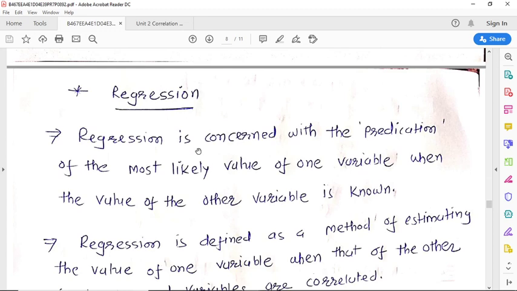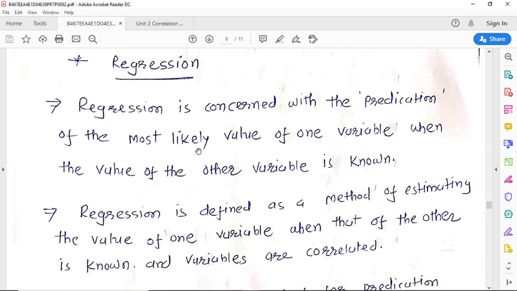So what is regression? Regression is concerned with the prediction of the most likely value of one variable when the value of the other variable is known.